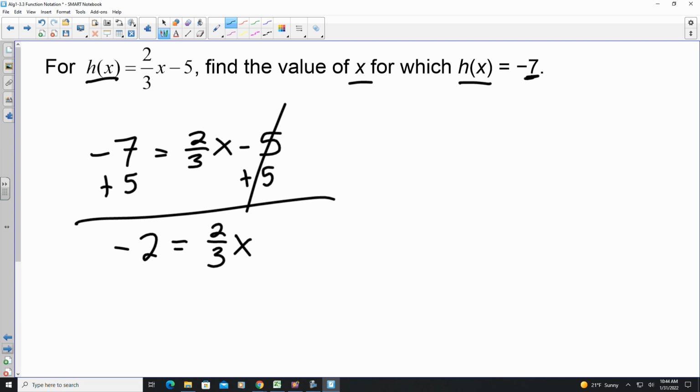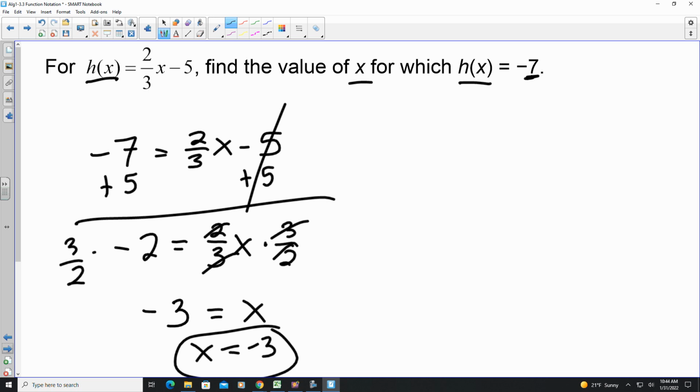Then from here, I'm going to multiply both sides by the reciprocal, 3 halves. So that cancels here and here, and I'm left with x over here. 3 halves times -2 gives me -3. So x is equal to -3. So essentially when h of x is equal to -7, x is -3.